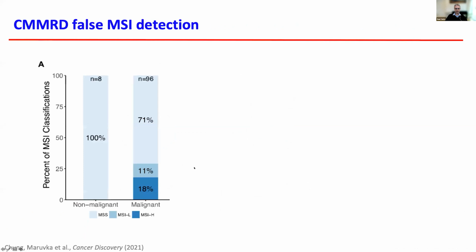And so we looked at these patients, and if you apply the regular MSI detection tool in their normal cells, you find no MSI high. And even in the tumors, you find most of them are called MSS, as they're not detected as MSI tumors, although every cell in their body has no mismatch repair.